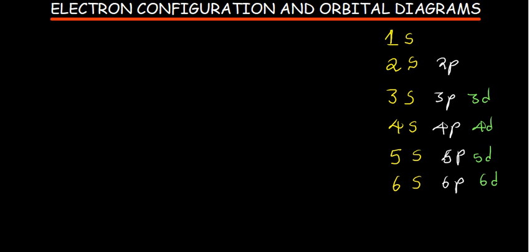Just know that the 3 doesn't have f, so you are going to start from 4f, and then 5f and 6f. The next one is supposed to be g, but the fourth energy level doesn't have g. It's supposed to start from 5g. I don't know if you've gotten that now.